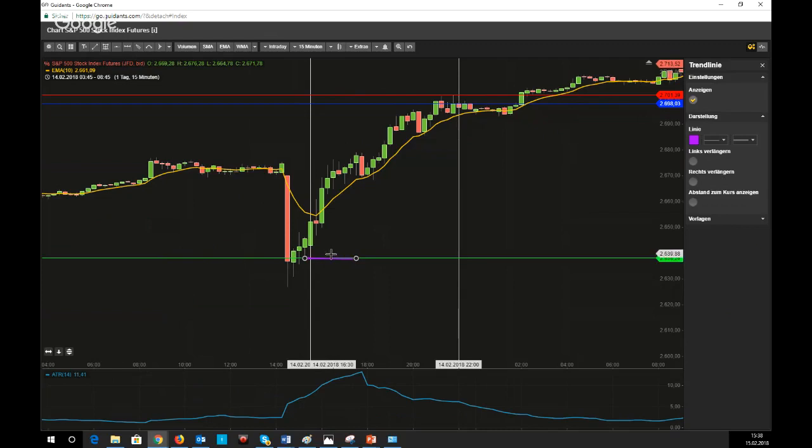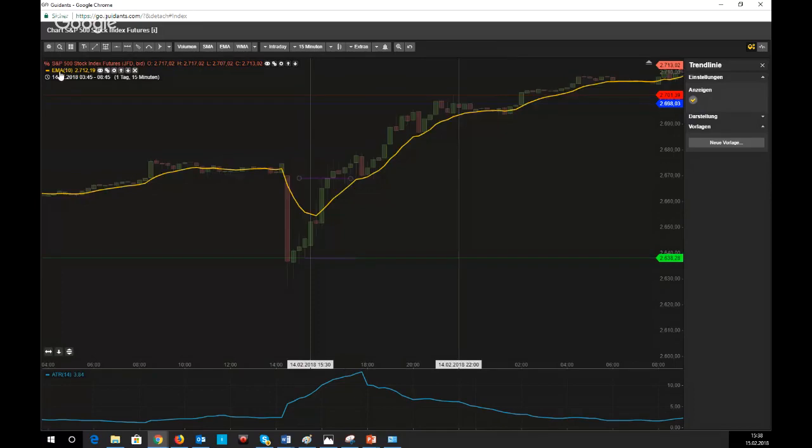Okay, so we never made new lows from there, and this is the high. So I'm taking this candle. When it closes, it's 3:15 p.m. GMT, and well, obviously we are trading above this yellow line. The yellow line is the exponential moving average 10, as you can see here.